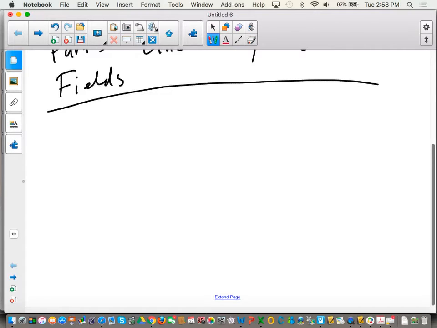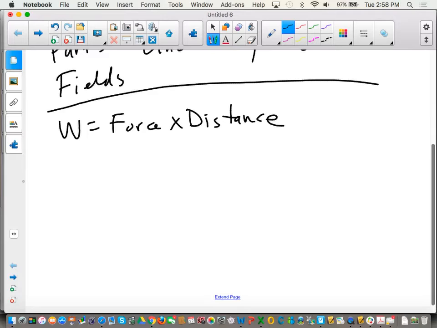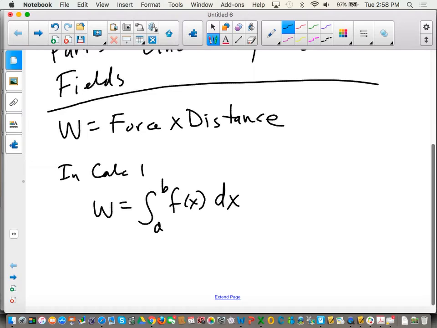And then in Calc 1, we do work with a variable force, so an equation with force, and work is done given that force equation. This is force here, so it's really the same equation. This is the distance here, dx.